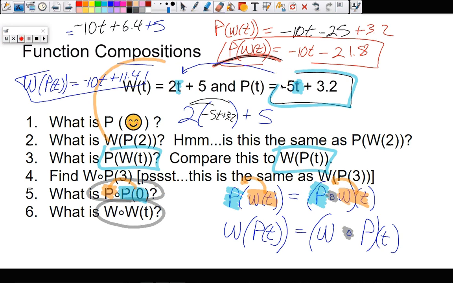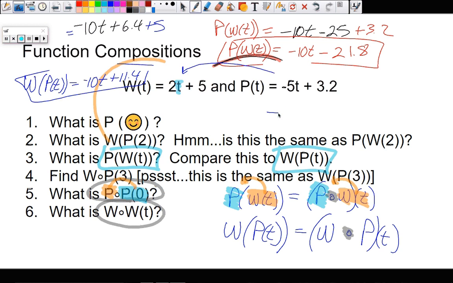So 3.2, I'm going to take that and I'm going to plug it back into P. Okay, so I got a 3.2 as an answer. And if I throw it back into P, it's going to look like this. Let's throw that 3.2 that we have as an answer, and let's see what we get from this. So we get negative 16 plus 3.2.